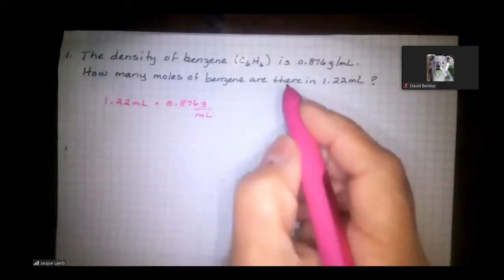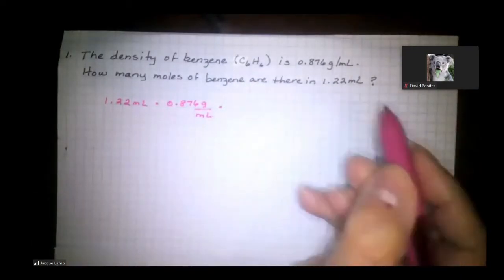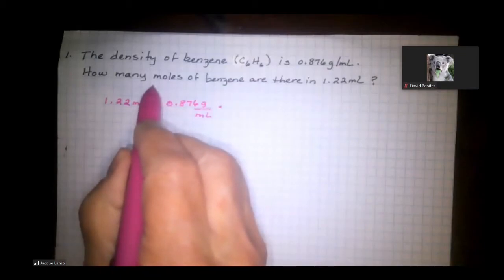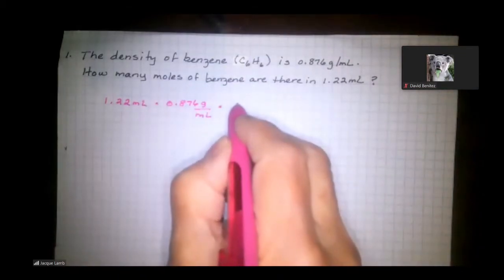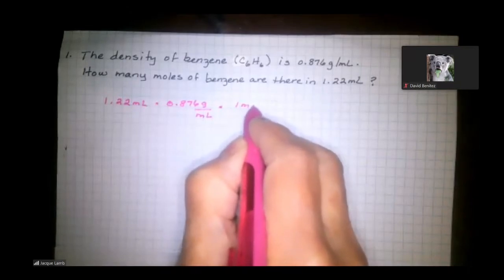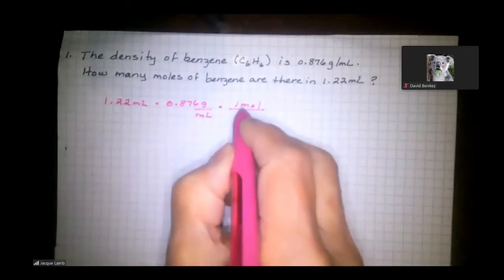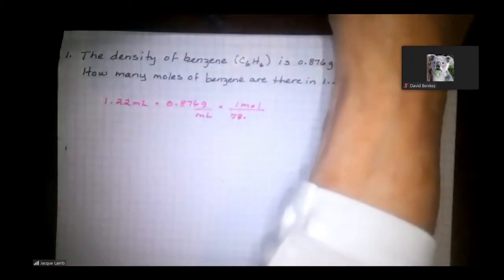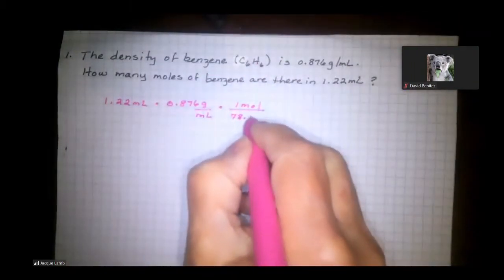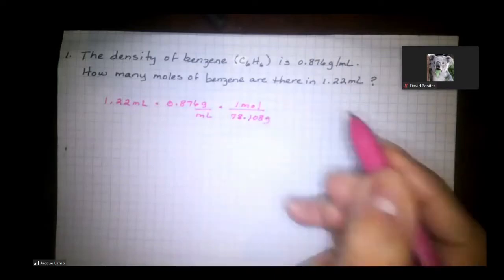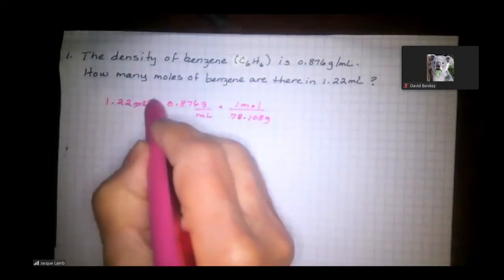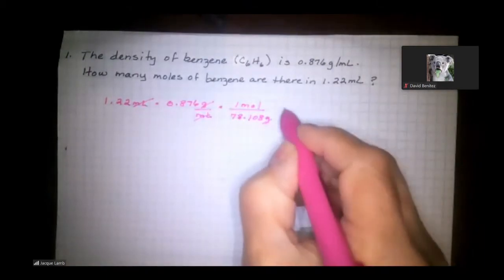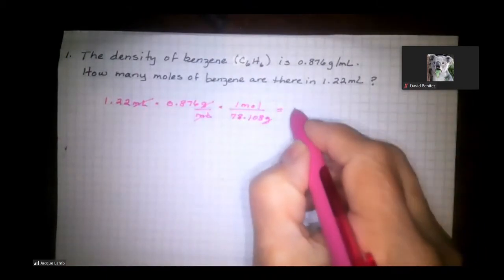And then we're going to multiply that by the molar mass, because we want to know how many moles we have. So 1 mole is equal to 78.108 grams per mole. So milliliters will cancel, grams will cancel, and we end up with 0.137 moles.